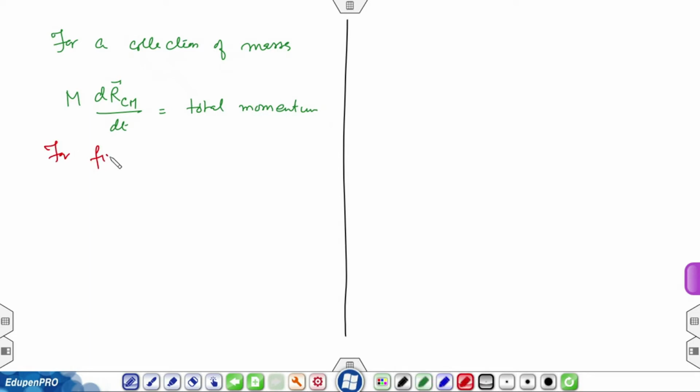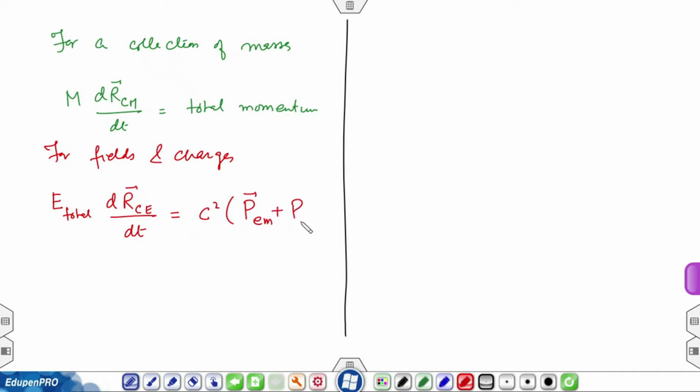For fields and charges, we are going to have total energy E total times d r center of energy over dt is equal to c square times p total momentum electromagnetic plus p mechanical. As a consequence, if d r_ce over dt is 0, that means the center of energy is not moving, that means energy is not flowing. This will imply that P_EM plus P mechanical of the system will be 0.